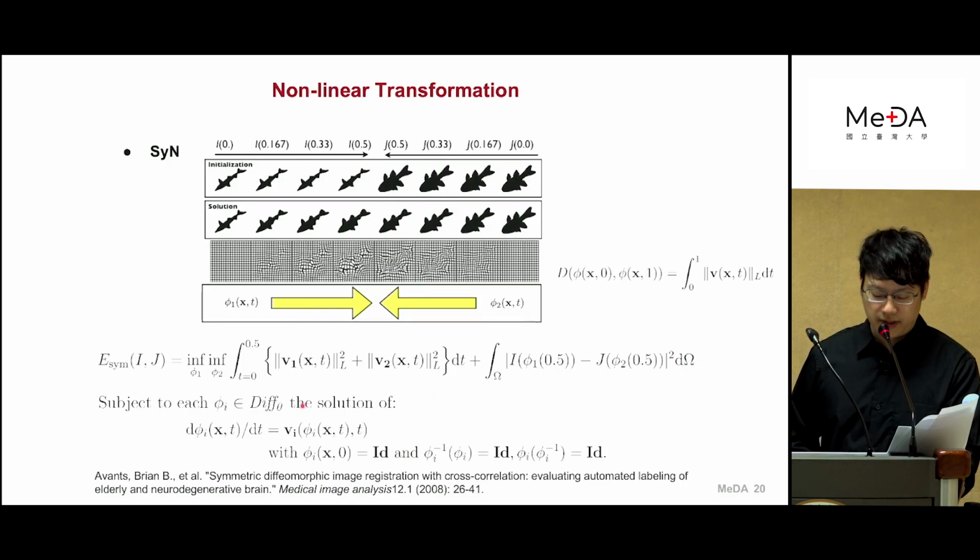And moving on to the first term, it represents the variation in the direction from I to J from time point 0 to 0.5. And the other one represents the variation in direction from J to I during the same time period. The square symbol here indicates that the minimum occurs when both variations are identical.